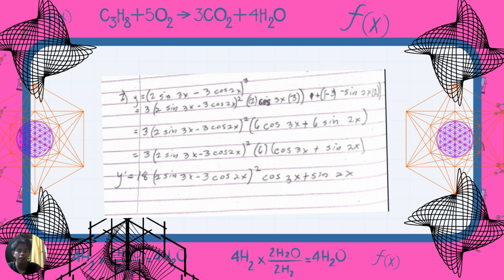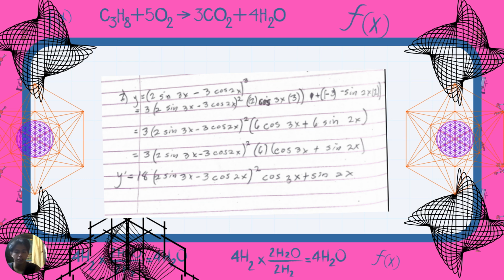Then the exponent, as I've said earlier, we're going to subtract it by 1. And then in the inner part, we're going to find the derivative of that inner part. The derivative of 2 sine 3x is 2 cos 3x multiplied by 3. And then plus, copy the negative 3. And then the derivative of cos 2x is simply negative sine 2x. And then the derivative of 2x is 2.